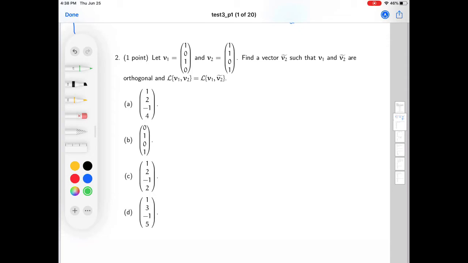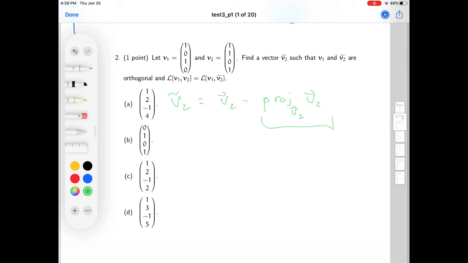Okay, so finding a vector that's orthogonal to v1 would be kind of easy. We could just pick 0, 1, 0, 0, for example. But then that's not going to give you the same linear span. So the way that you should be thinking about this is v2 tilde should be v2 minus the projection of v2 onto v1.